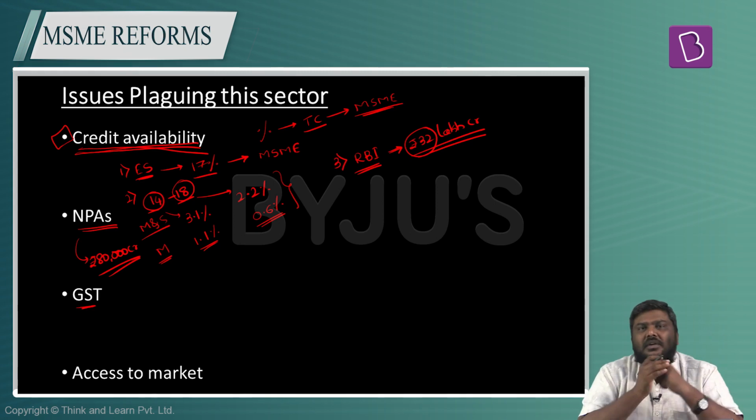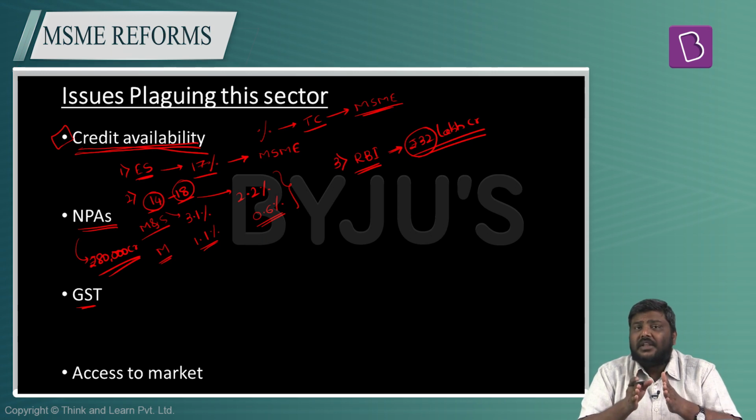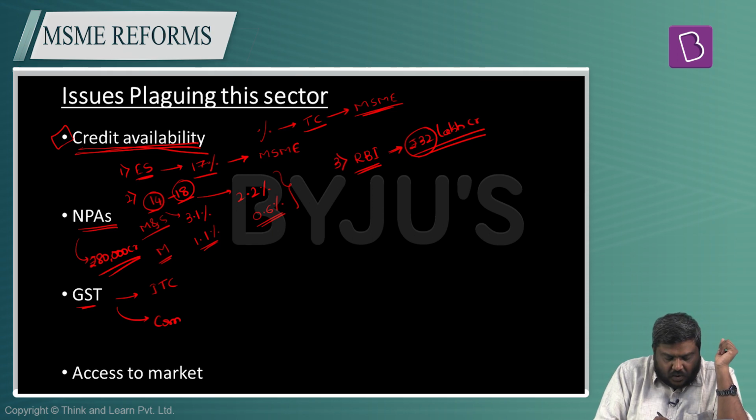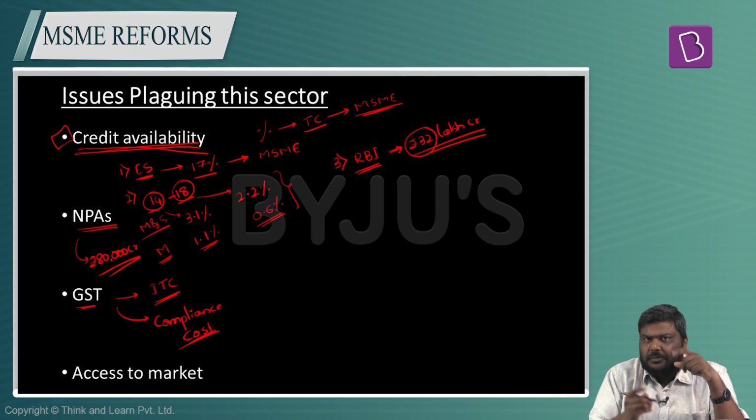Third issue, the implementation of goods and services tax. Now with the implementation of GST, we have seen that there has been a disruption in the MSME sector on two fronts. One, the input tax credit, and second, the compliance cost. Let's understand both of them. The first one is input tax credit.